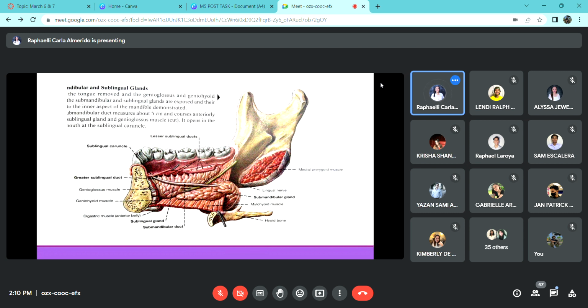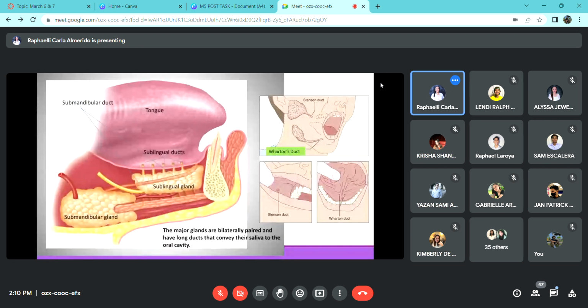Okay, so when you dissect the mandible, this is your lateral cross-sectional view. Okay, so if the parotid gland has a Stenson's duct, the submandibular duct is the Wharton's duct. Okay, so it arises from the medial surface of the gland and is accompanied under the mylohyoid muscle.